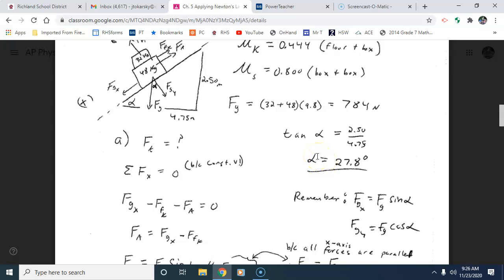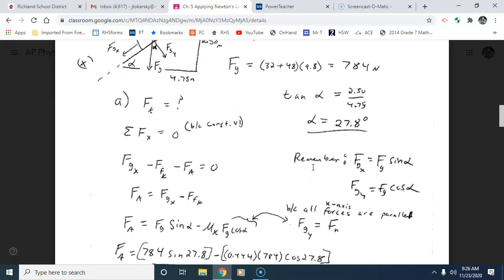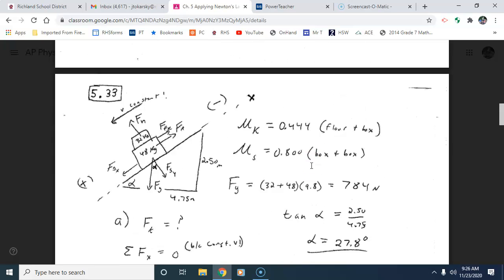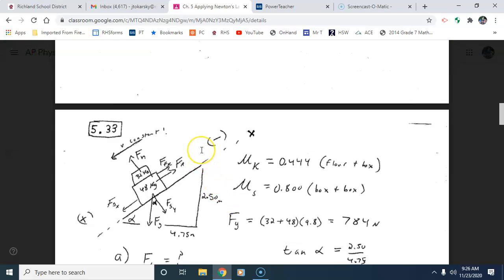All right. So the next thing, what we're trying to find is what force you need, that person in the picture that's holding on this way. So the applied force is up the ramp. And you don't have to do it this way, but as far as direction goes, especially when friction's involved on an incline, it usually makes the most sense to call the positive direction the way the system's moving.